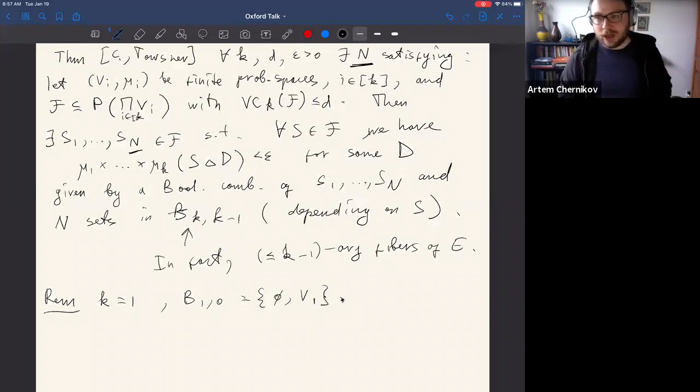Okay, and once we have this result, it is possible to, well, it's considerably more complicated than in the usual VC dimension case, but this is the key technical result. So then it's possible to write the graph in terms of these k-ary cylindrical sets as discussed in the main theorem earlier. Okay, so I think I'm out of time, so let me stop here.